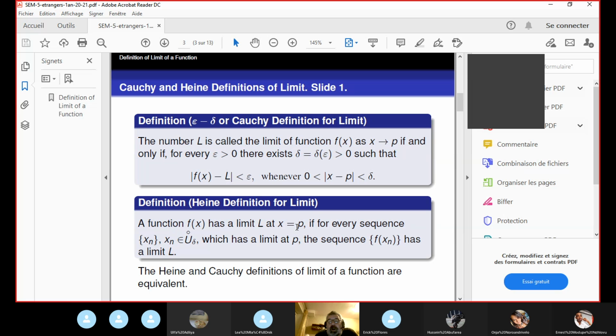But now I have only this, that the limit maybe exists, but I don't know what the limit is. Can I say that my function is defined at this point? That is why we have to make use of this deleted neighborhood. That is why I write that the absolute value of x minus p is strictly greater than 0. Is it clear, at least for the moment?